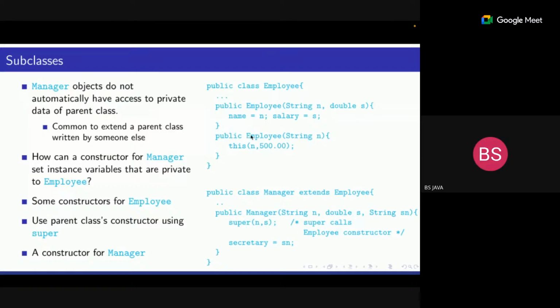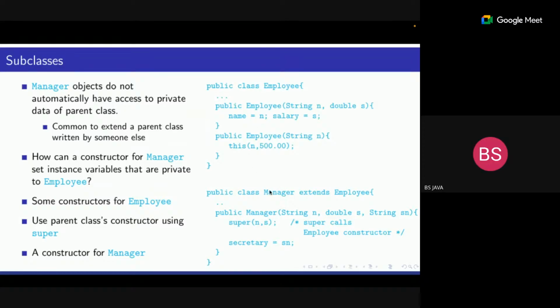And here is another constructor which takes just the name, and using the this keyword it is going to call whichever constructor matches these arguments. So here you see this of n comma 500, basically two arguments. This will invoke the two argument constructor of the same class. Now n will go for name and 500 will go for salary.